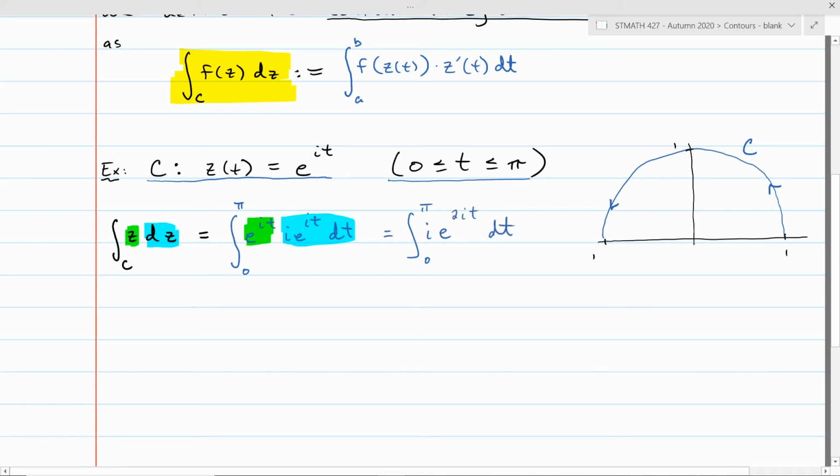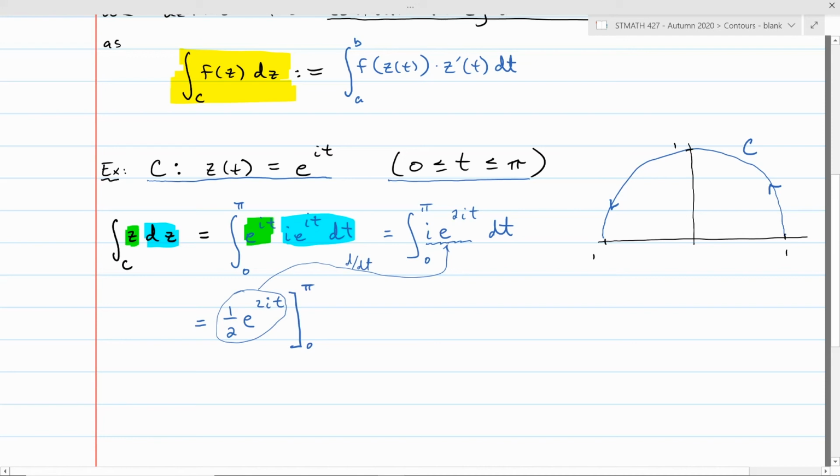I think to myself, can I find an antiderivative for this function? What would I differentiate to get i times e to the 2it? I think you can see that it would just be 1/2 e to the 2it, and then we evaluate that from 0 to pi. Check that if you differentiate this function with respect to t, you get i times e to the 2it.